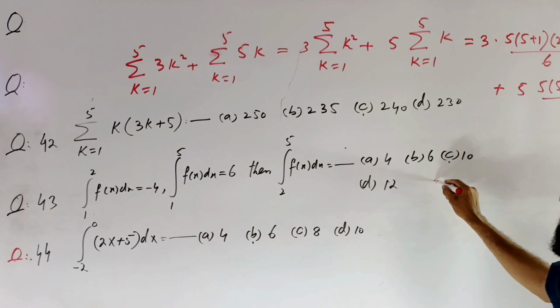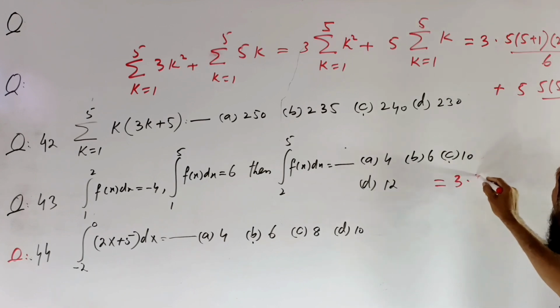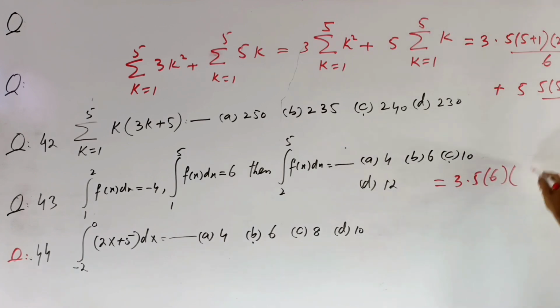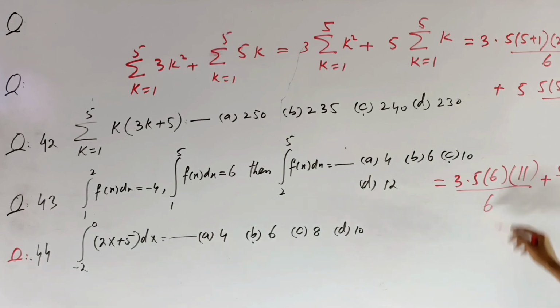Now we simplify this: 3 times 5 into 6 into 11 divided by 6, plus 5 times 5 into 6 divided by 2. So the 6s cancel, and 2 and 3 and 6 cancel.